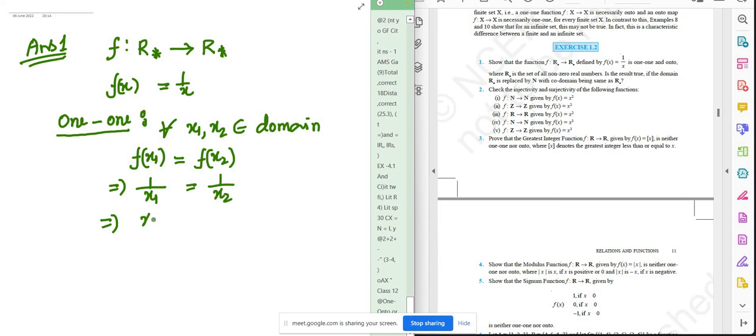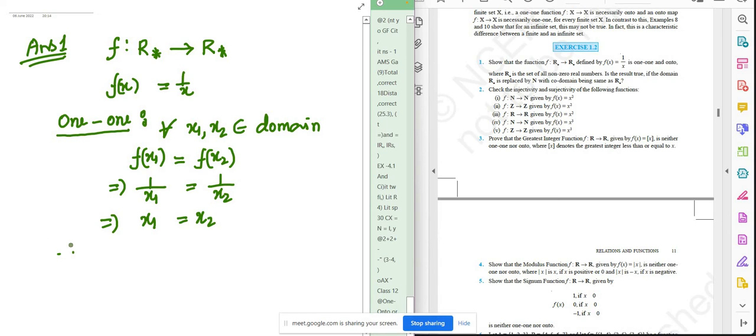If we cross multiply, then x1 equals x2, right? So if f(x1) equals f(x2), then x1 is also equal to x2.